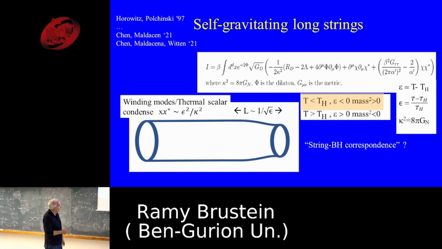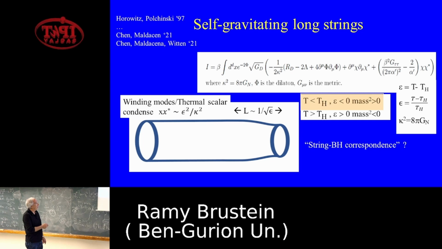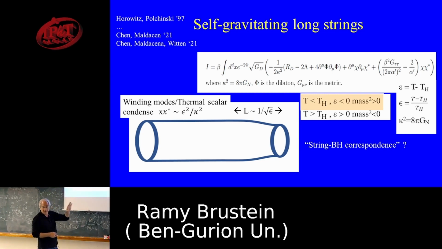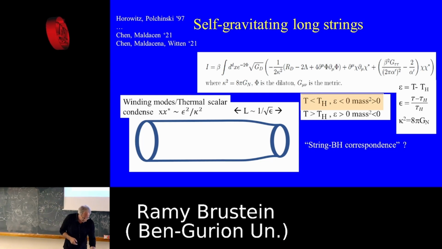When you look at this theory and find classical solutions of the theory, you find that chi star condenses. The value of the condensate is proportional to epsilon squared over kappa squared. Kappa squared is the gravitational constant. And the length where the space-time deviates from flat goes like 1 over square root of epsilon. This is in the original Horowitz-Polchinski description, and this picture is similar to what Yiming showed.